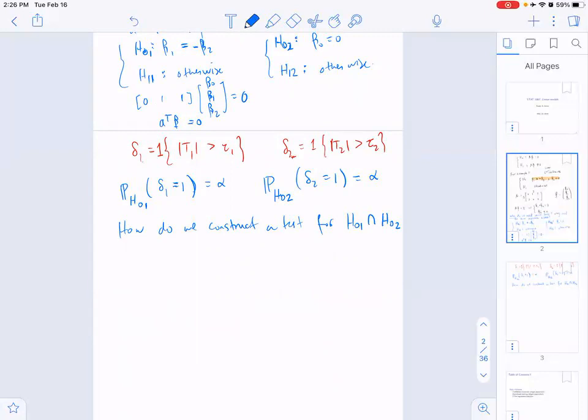You can perform these two tests and you get either 0 or 1. So there are 4 cases, right? Delta 1, delta 2 can be both 0, 0 and 1, 1 and 0, 1 and 1. So how do you decide?